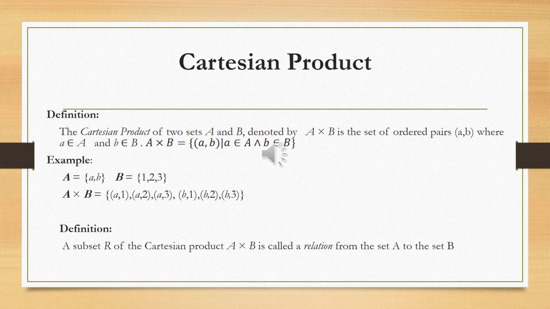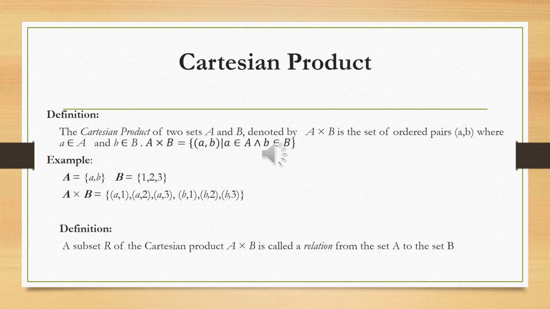So an example of a Cartesian product. For instance, if you have a set A that consists of a and b, and B that consists of elements 1, 2, 3, then A cross B is equal to the ordered pairs (a, 1), (a, 2), (a, 3), (b, 1), (b, 2), and (b, 3).